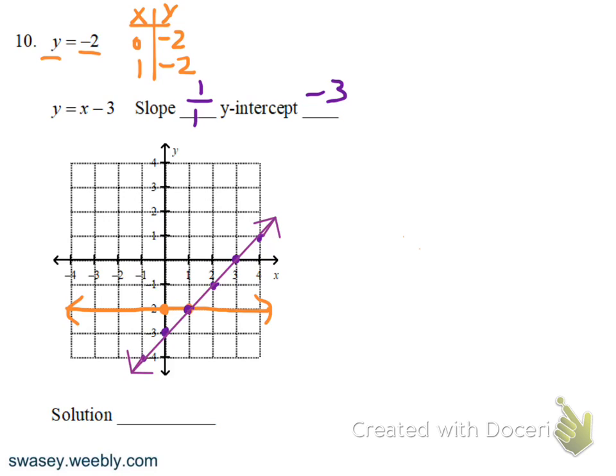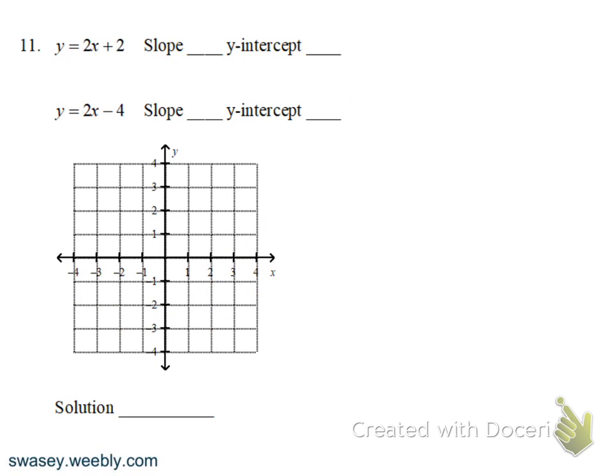Alright, so our solution is 1, negative 2. Alright, this one, slope is 2 over 1, y-intercept's 2, so put a point at 2, go up 2 to the right 1. You can also go down 2 to the left 1. We'll connect those to form our line.